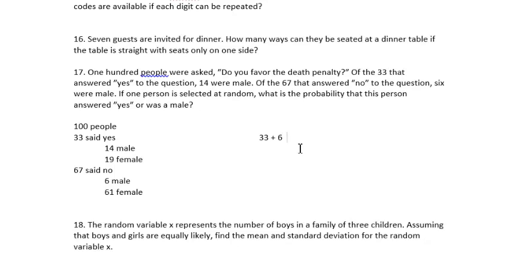So 33 plus 6 is 39. In other words, you have 39 total people that would qualify, either they're male or they said yes. Now there are a total of 100, so the probability would be 39 over 100, or in decimal form, 0.39.